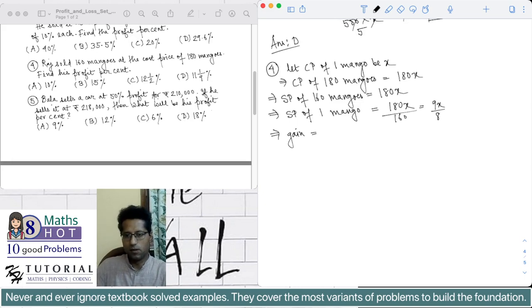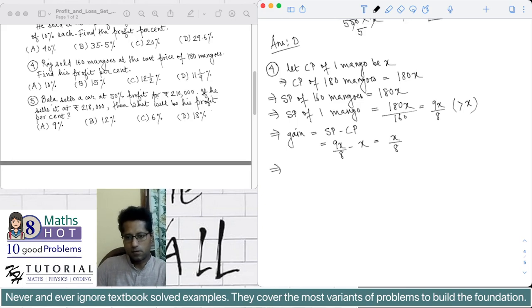Gain is equal to SP minus CP. Now, why will it be a gain? Because 9x by 8 is greater than x, because the fraction 9 by 8 is greater than 1. So SP minus CP, SP is 9x by 8 and CP is x. This is equal to x by 8.